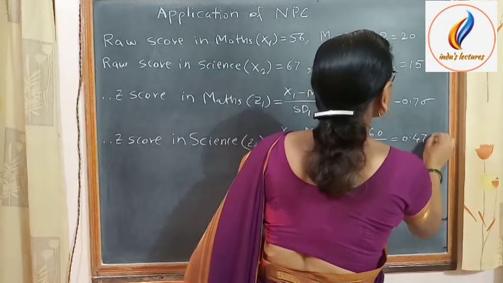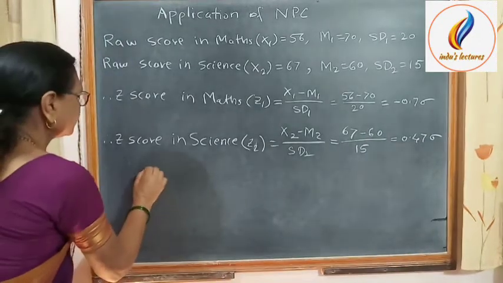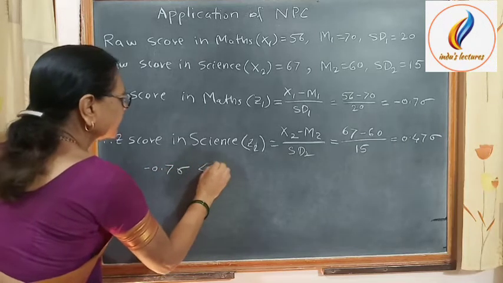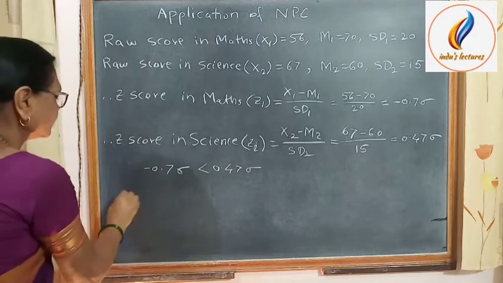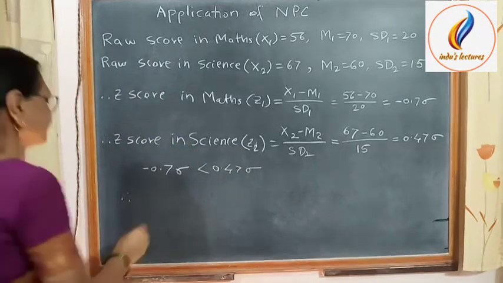0.47 sigma. If we compare these scores, then we can say that minus 0.7 sigma is less than 0.47 sigma. That means the Z score in mathematics is less than the Z score in science.